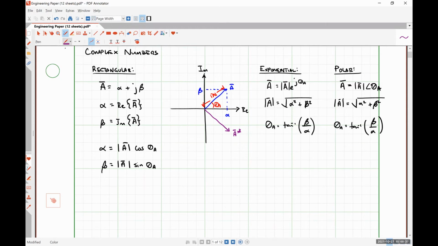So we could say that A conjugate is equal to alpha minus J beta. So all we've done here is simply flip the sign on the imaginary part, and flipping the sign on the imaginary portion is exactly identical to changing the sign on the angle.